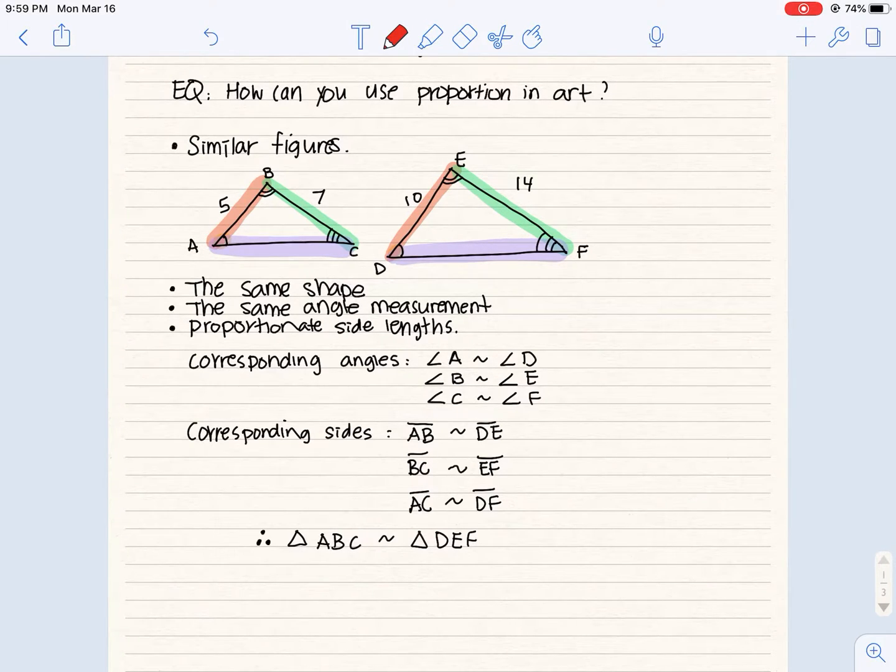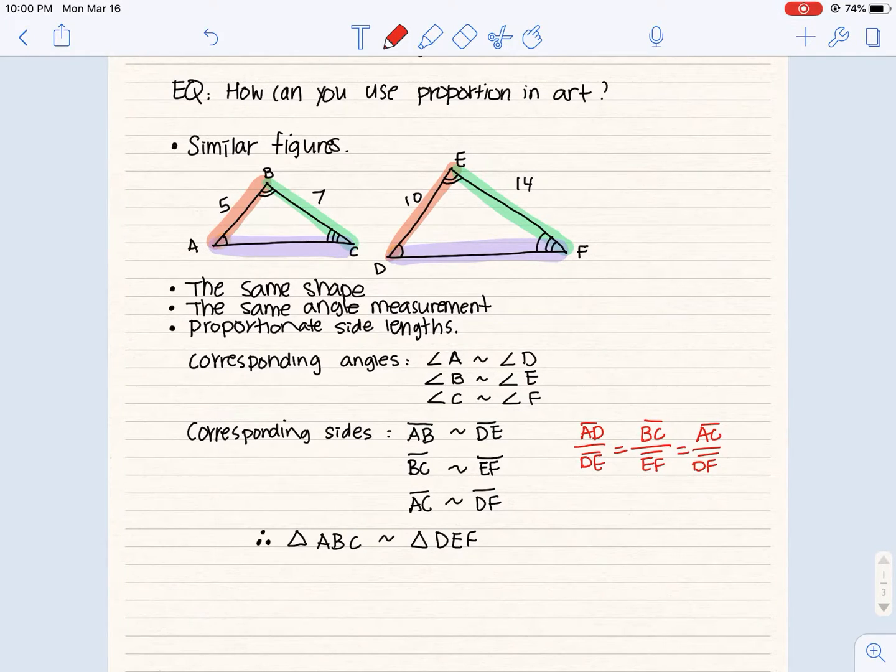So for example, you can write it like this: side AB and side DE correspond with side BC and EF, which I'm just going to write with an equal sign, which is going to equal AC and DF.